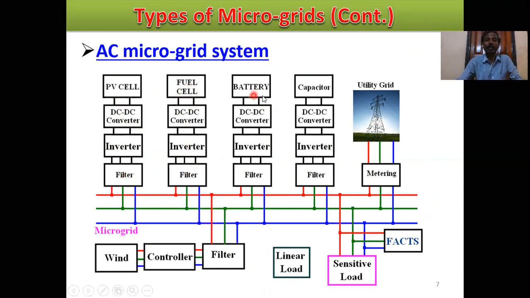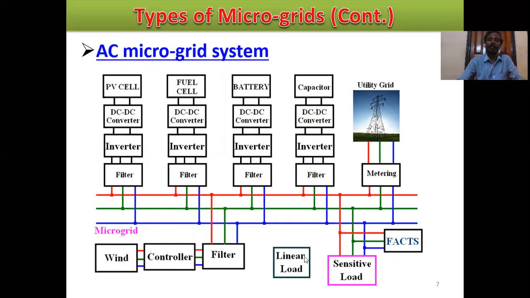Another, battery, DC to DC converter, inverter, filter, and microgrid system. Capacitor, which is connected through DC to DC converter, inverter, filter, and microgrid. And next, wind turbine generation, which is connected through wind turbine controller, filter, and microgrid system.